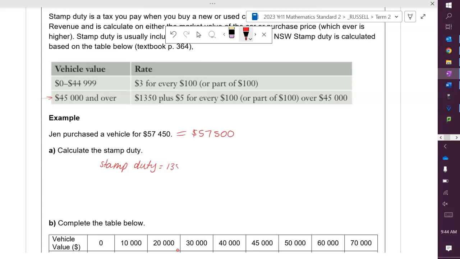It's $1,350 plus $5 times every dollar over $45,000, so $57,500 minus 45,000, and it's all over 100 because I want to know for every $100. So it's 5 times every $100, so to speak. That would give us $1,975 for stamp duty.